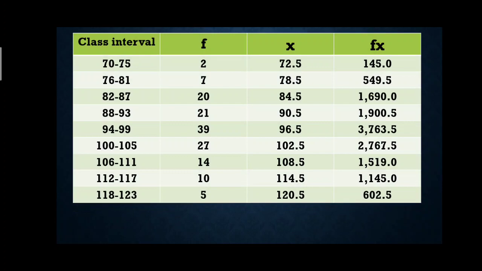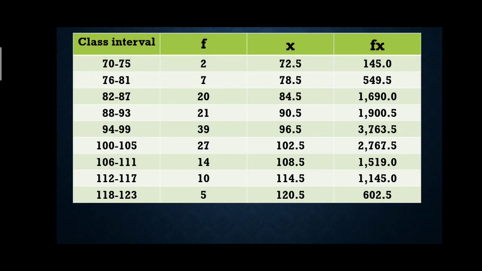So just if you want to make sure how to get 72.5, add 70 plus 71 plus 72 plus 73 plus 74 plus 75 divided by 6. So we have 72.5. Or 70 plus 75 divided by 2.